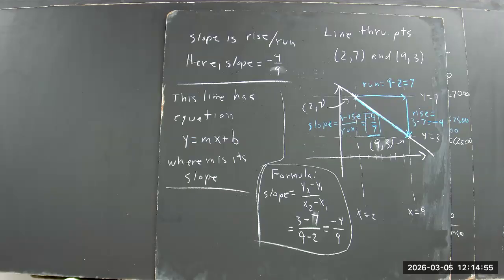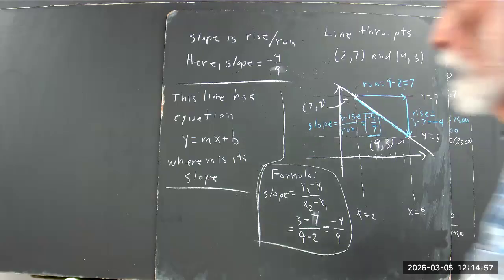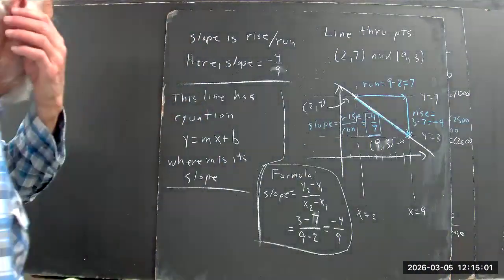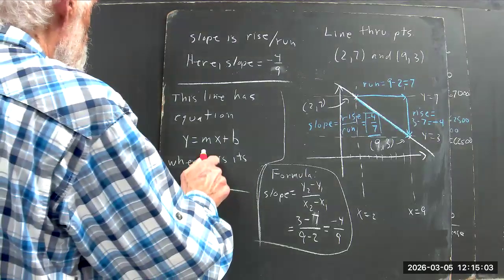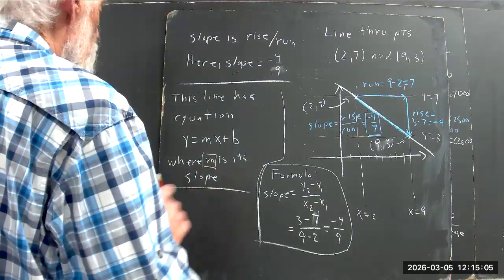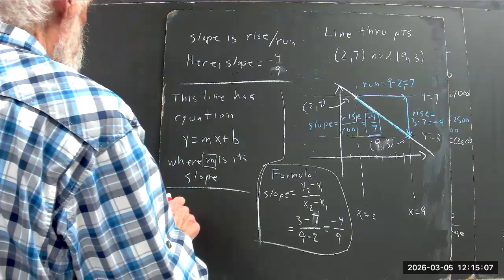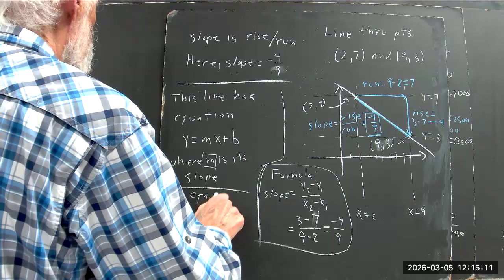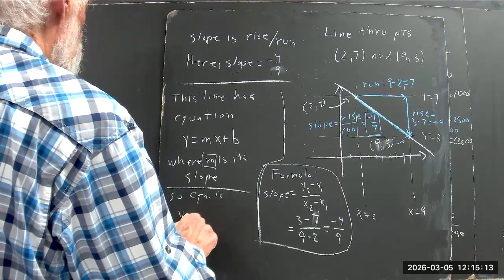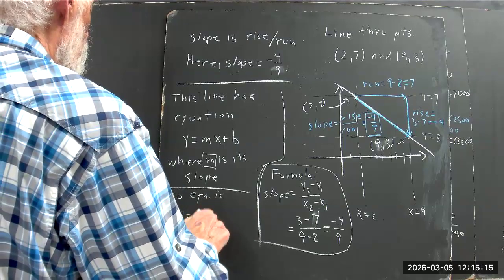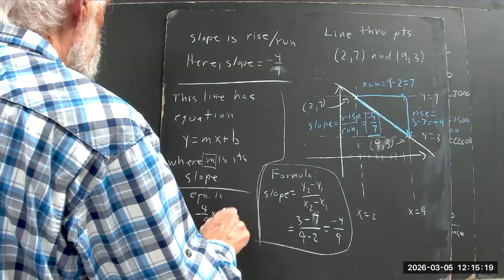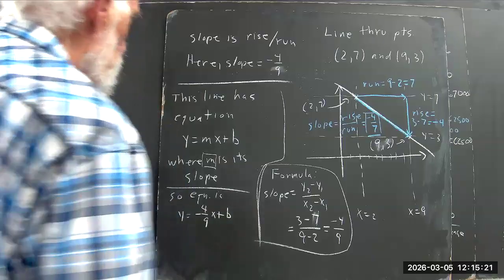I am. Okay. Line has the equation y equals mx plus b, where m is its slope. So the equation is y equals -4/9 x plus b.